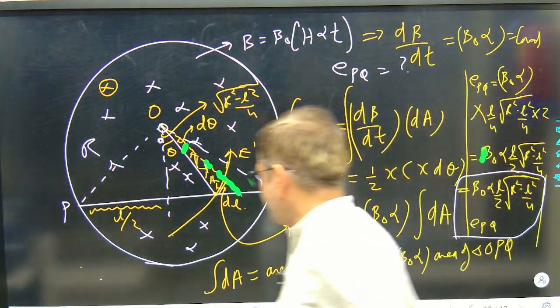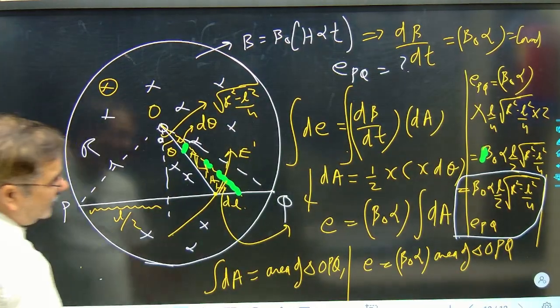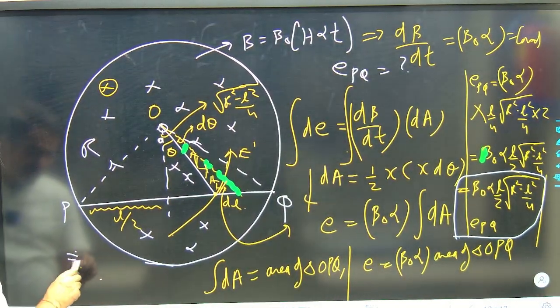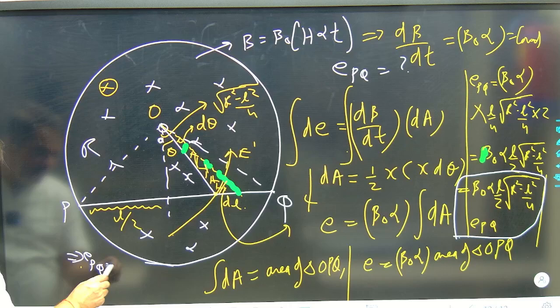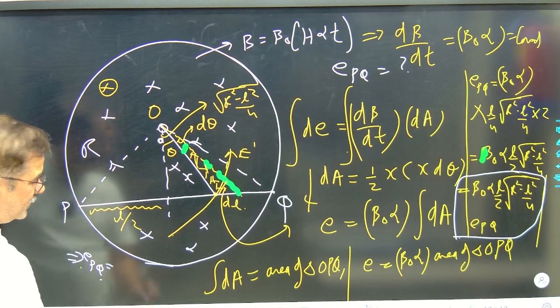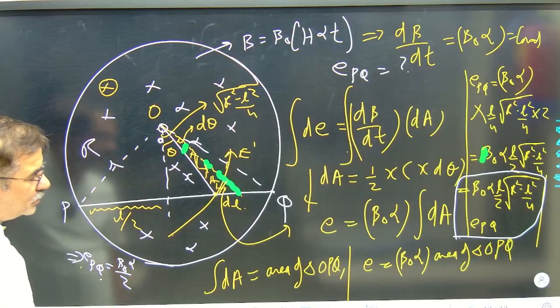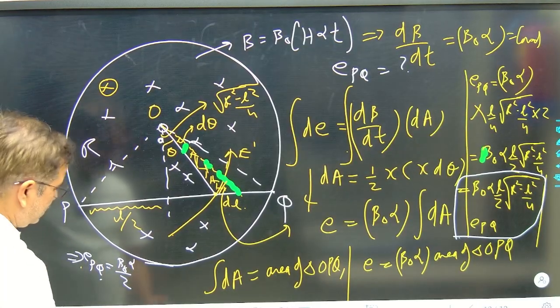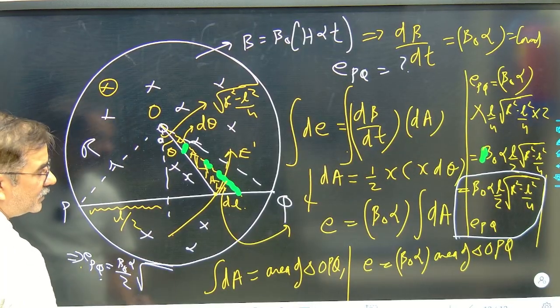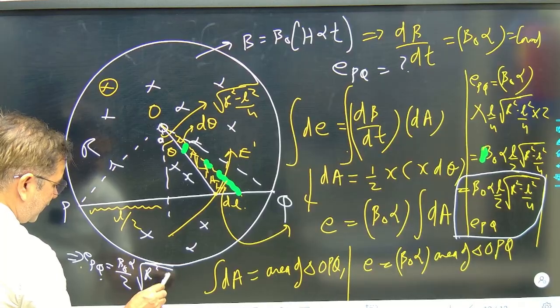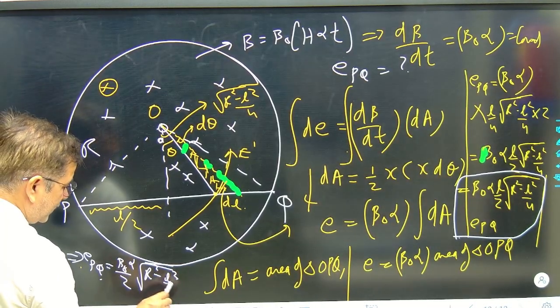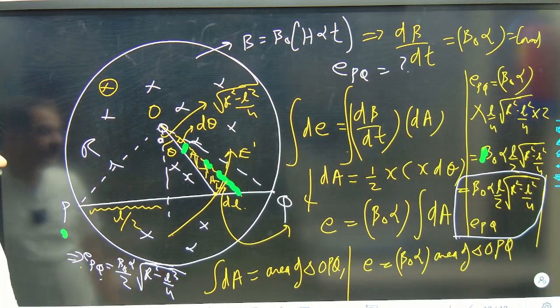For the PQ rod, the EMF developed, again I will write here, EPQ will be, just see, B naught alpha by 2 times under root of R square minus L square by 4. So this was the case.